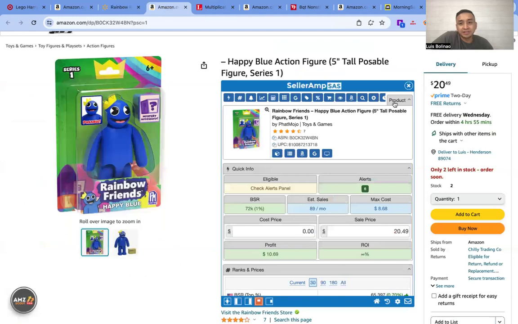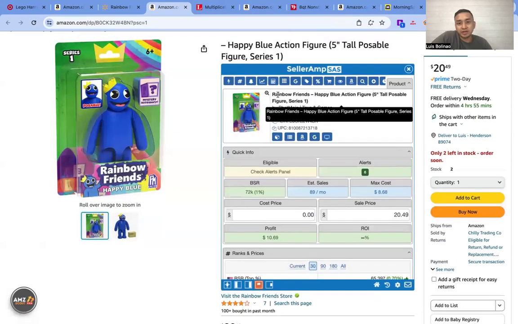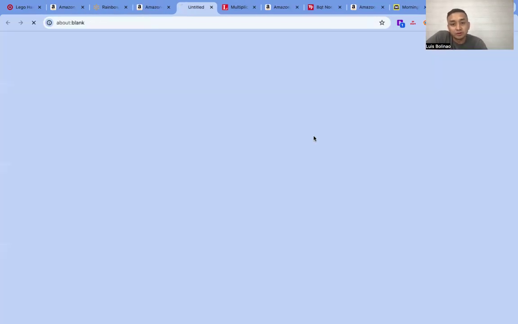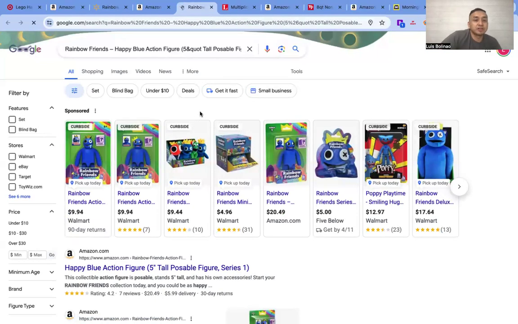So what I like to do too is I like to look at other sources. I don't want to go too deep on this, but I usually do a reverse Google search. So you go in Seller Amp, and then you click this G right here, where it says search for product title on Google. And then I would try to look for the exact same product that's out of stock on Walmart.